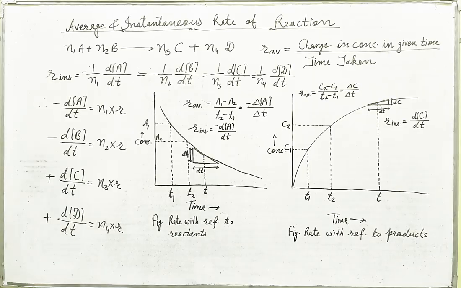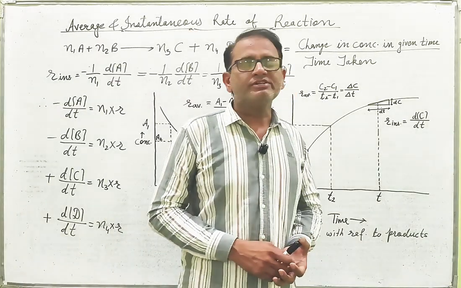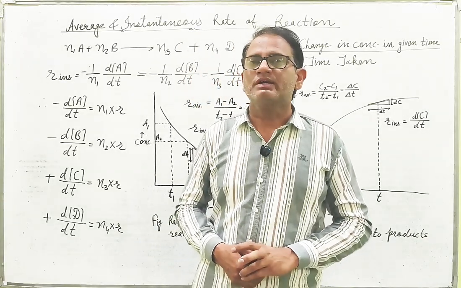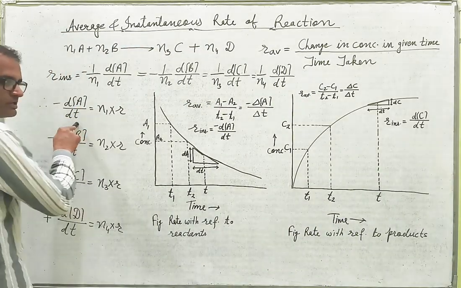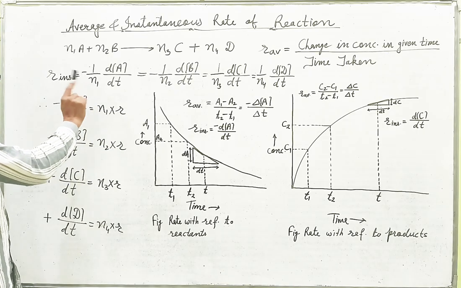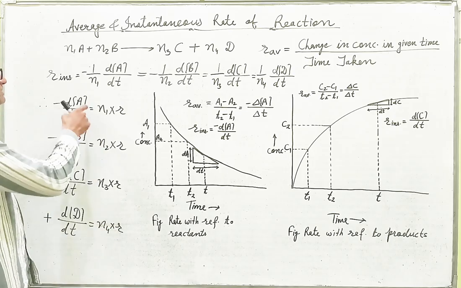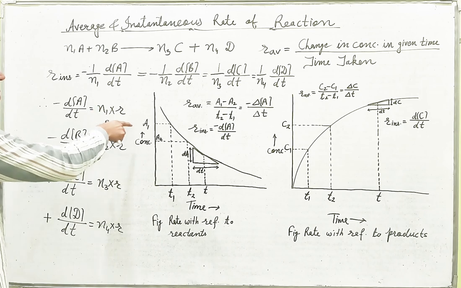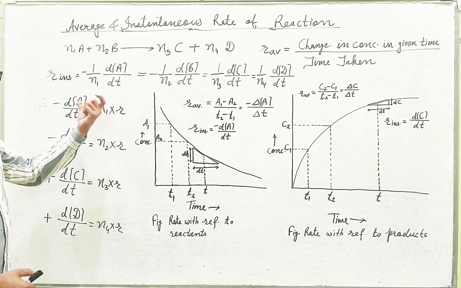If we want to calculate the instantaneous rate of disappearance of A, that will be equal to minus dA upon dt is equal to n1 R, where n1 is the number of moles of reactant A. It means the disappearance of A will be equal to n1 times the average rate of reaction. Am I right?